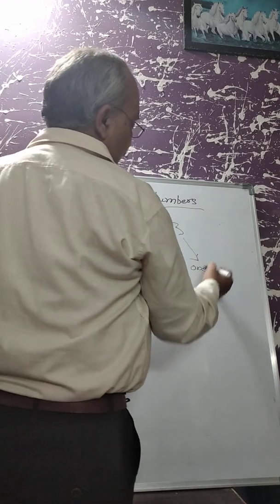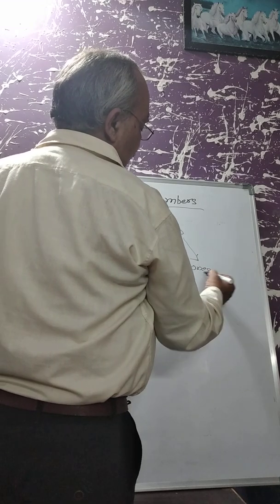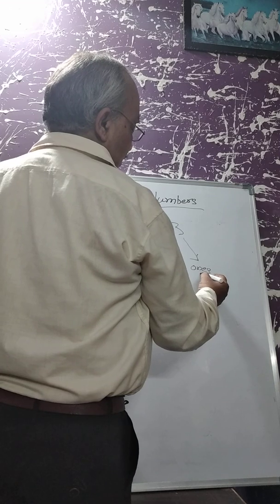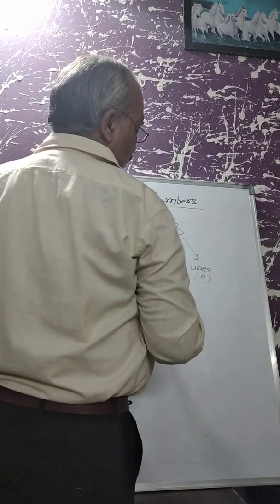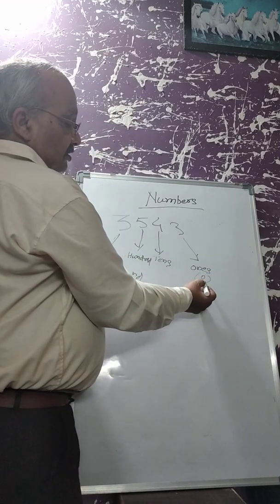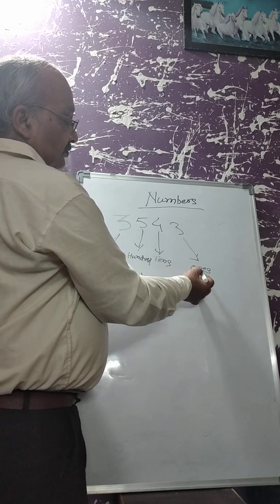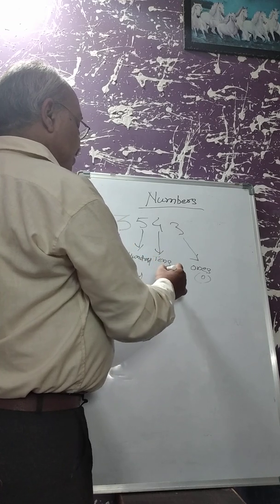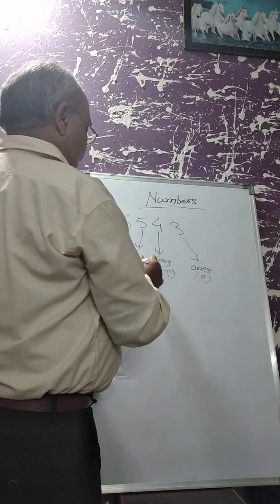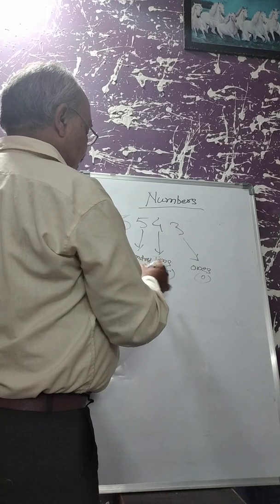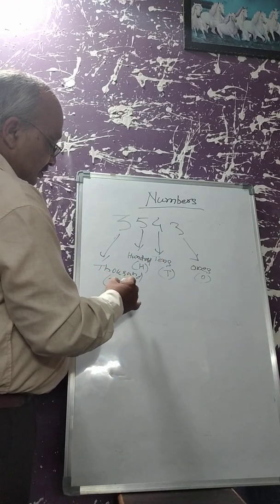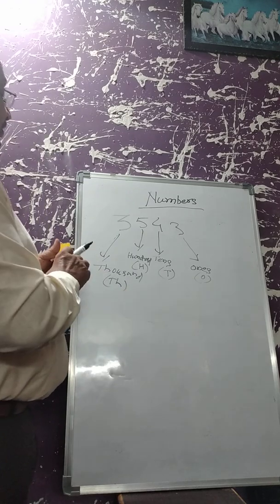In short, instead of writing so much in detail, I will denote ones with O, tens with T, hundreds with H, and thousands with TH.